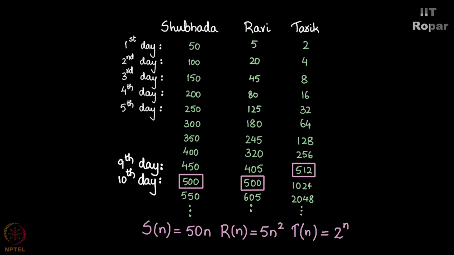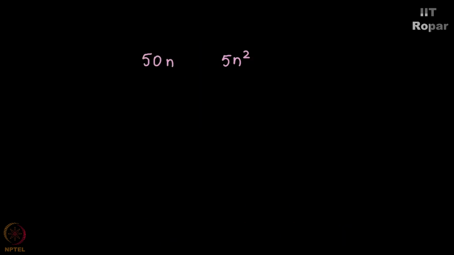Point to observe, 50n, 5n square, 2 to the n. Look at 50n here. The reason why Shubhada appeared to be rich in the beginning is because of the number 50 there. But then eventually, what adds to this 50n is the n itself. The number 50 is a constant, it will not have much to contribute.